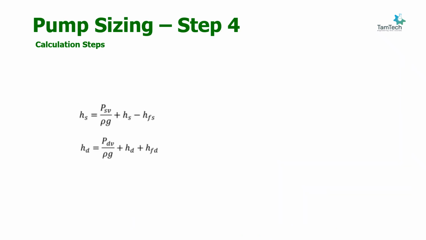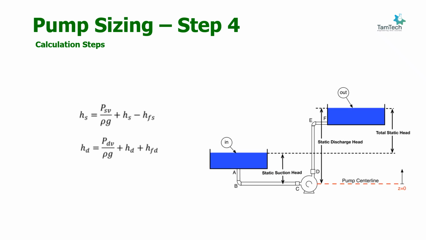After this step, we come to some calculation steps again, and here we will do the same process twice: for the suction side and for the discharge side. For the suction side, head is equal to suction pressure divided by ρg, plus H, which represents static suction head, and minus HFS, which is head loss on the suction side.